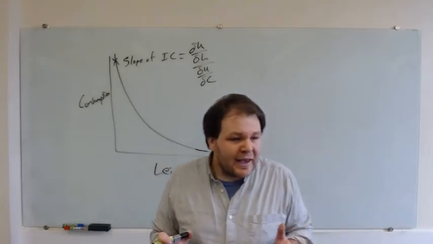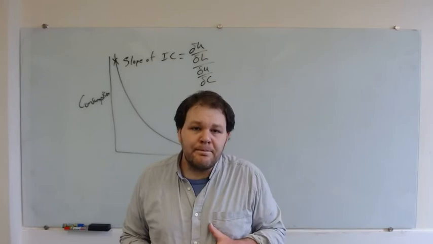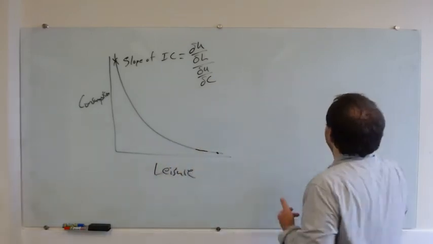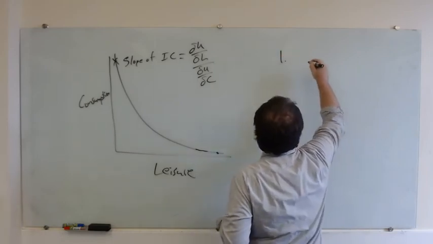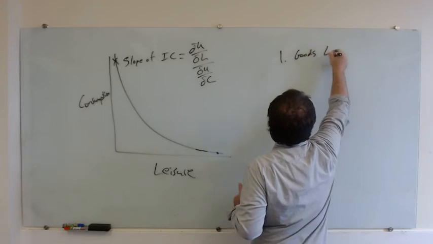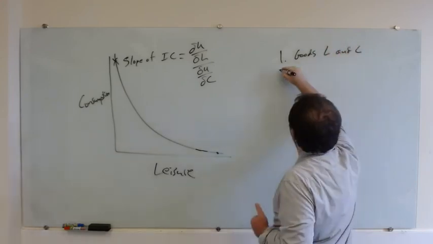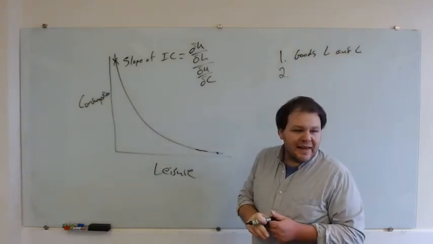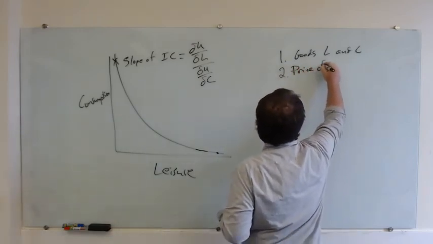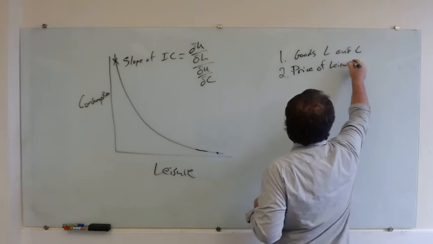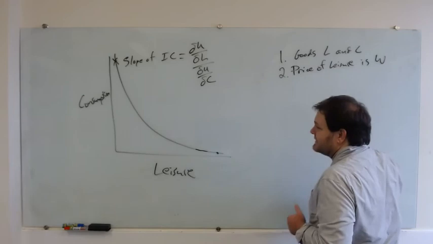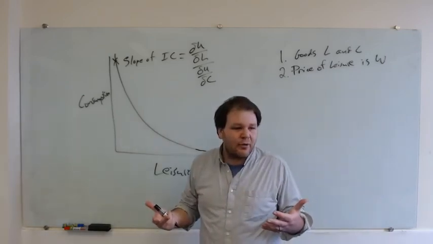So some final takeaways on our understanding of budget constraints and preferences for leisure and consumption. The first thing is that our goods are leisure and consumption. We're going to say that the price of leisure is our effective wage rate W, the amount of consumption we'd have to give up by taking an extra hour of leisure.